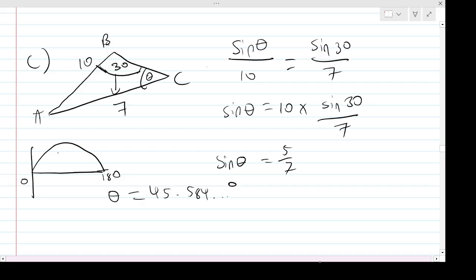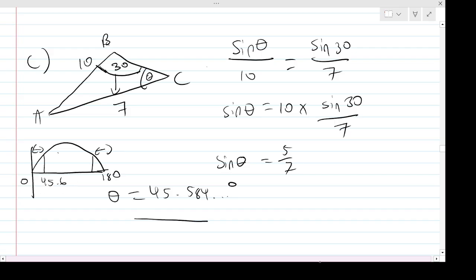So the first solution is roughly 45.6, so it's going to be about there. Then the other solution is going to be there, right? I'm going to utilise that the gaps are sort of equal between both ends, and the gap is indeed this 45.6.